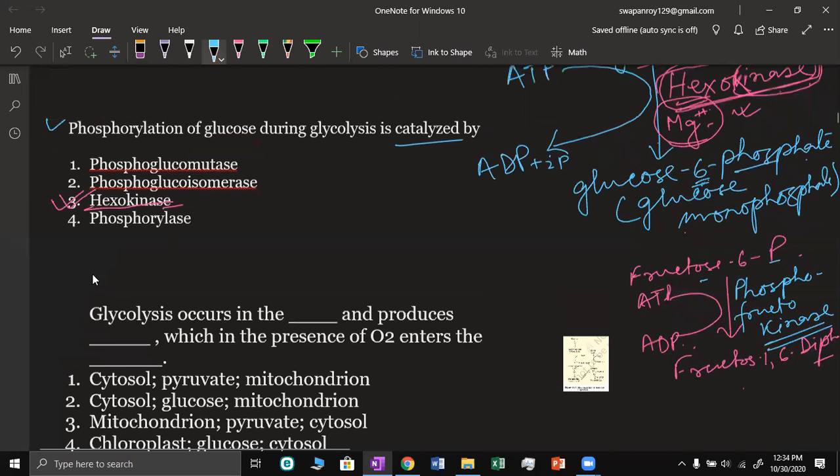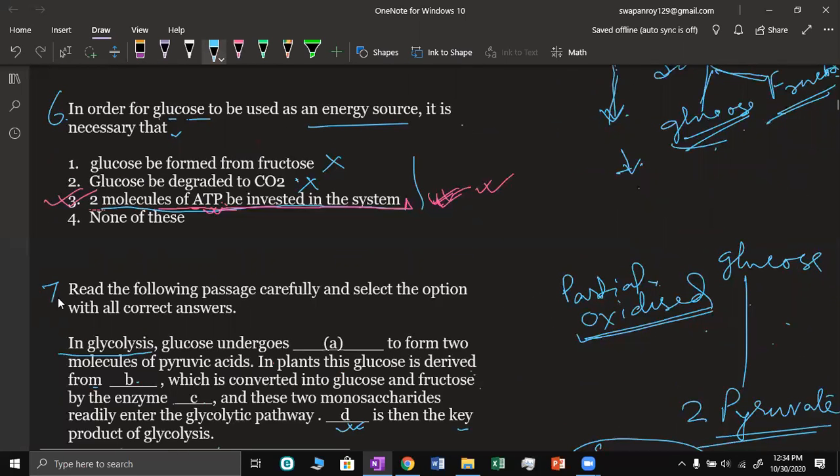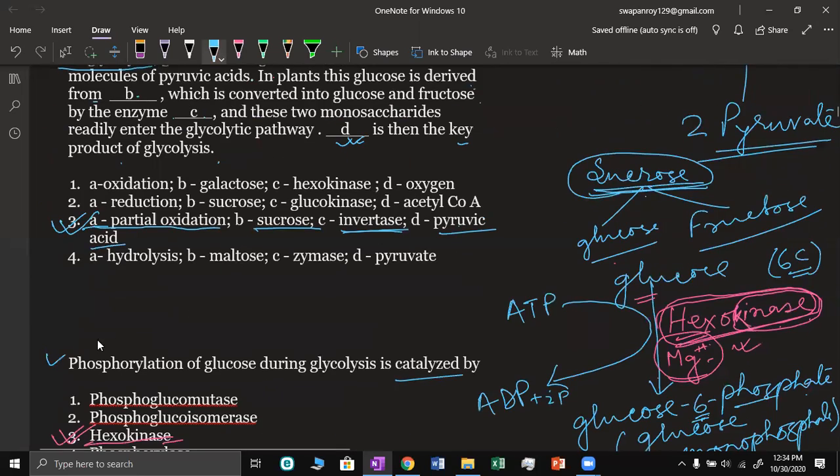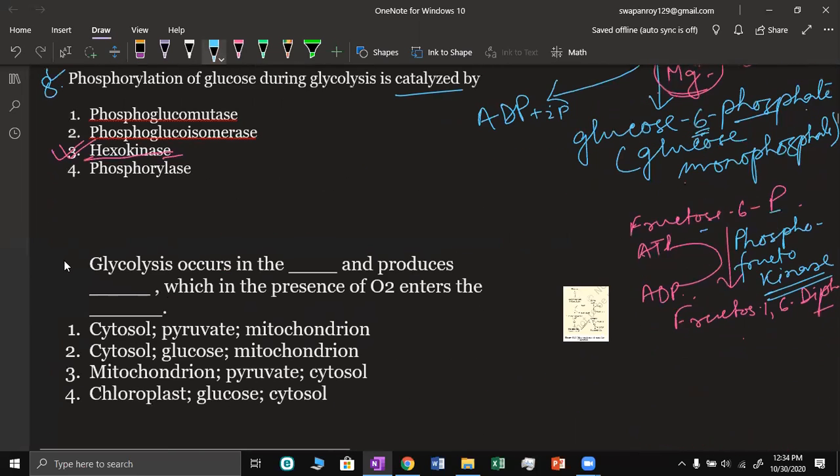Next question. This is number 7. This one is number 8. Now come to question number 9. Glycolysis occurs in the dash and produces dash which in the presence of oxygen enters the dash.